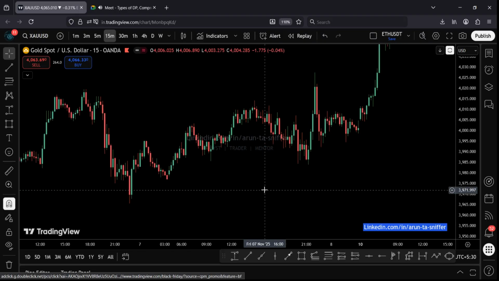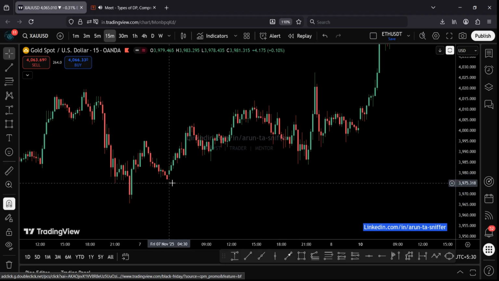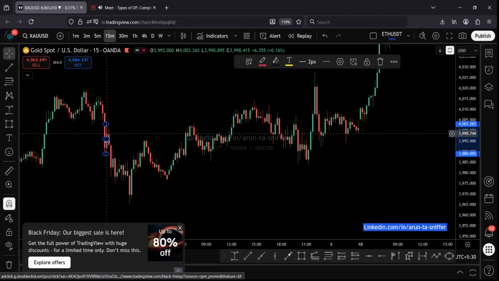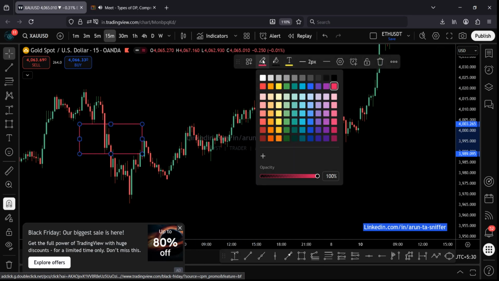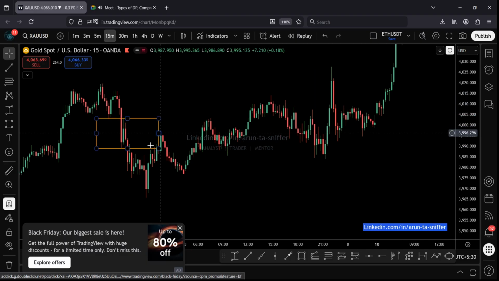In this case, are we looking for a QM that worked? Okay, this one downside, this bullish QM. Yes, we can see here, we can look at this zone. Look at this, and then price came down again.